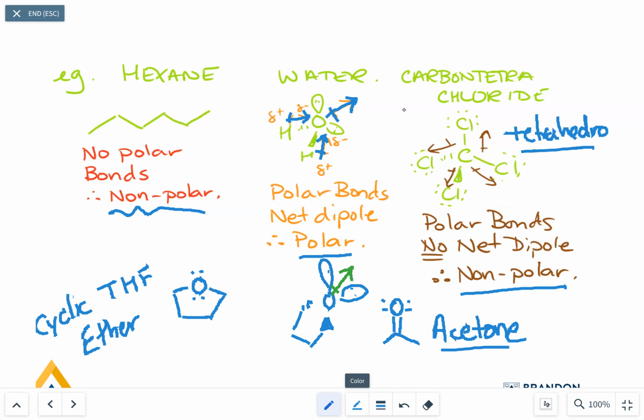Yes, so this is polar. Oxygen's more electronegative than carbon, so it's polarized basically in this direction. So it's got some polarity to it. Okay, good.